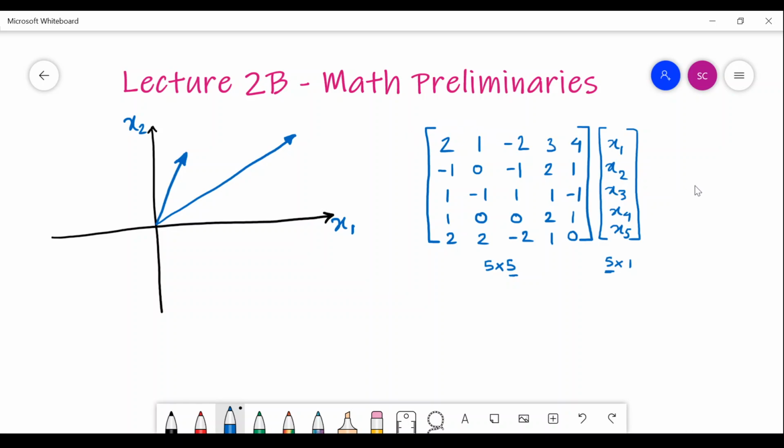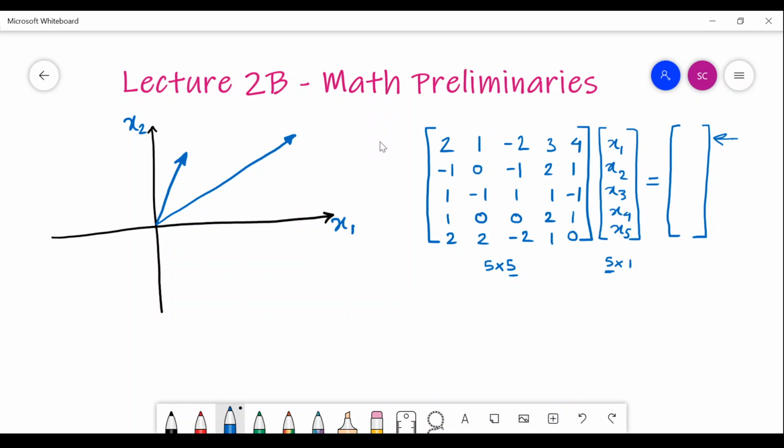One thing you can understand is that the resultant vector will also be in the 5-dimensional space, and the first coordinate of the vector is basically this scaling the first coordinate plus this scaling the second coordinate. So the first row gives us the information of how the different entries of the parent vector get scaled to give rise to the first coordinate of the child vector.